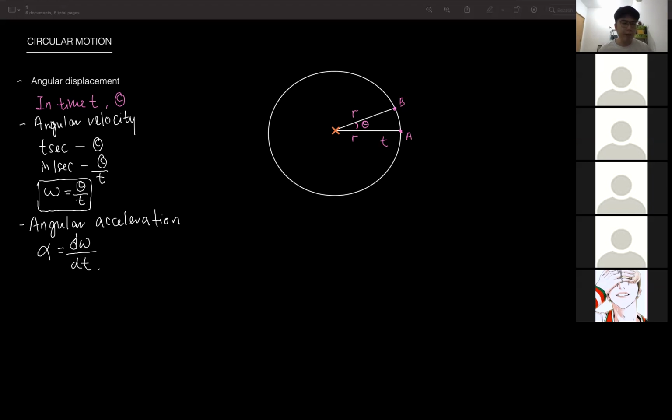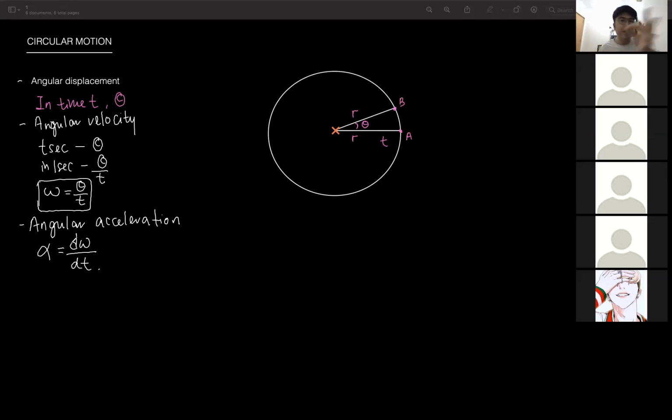Now, what is angular acceleration actually? What is it like for an object to have angular acceleration? Can you imagine, for example, when you turn on the fan, it starts speeding up, right? The first revolution, the first 360 degrees, maybe takes 5 seconds. The second revolution now takes 4 seconds, the third revolution 3 seconds, and then 2 seconds, 1 second.